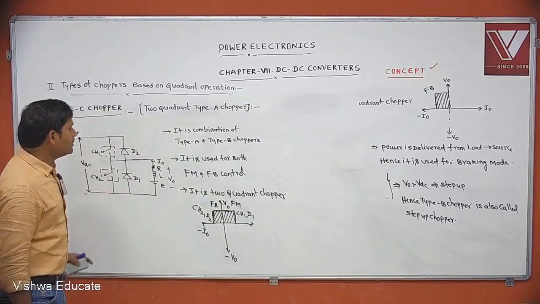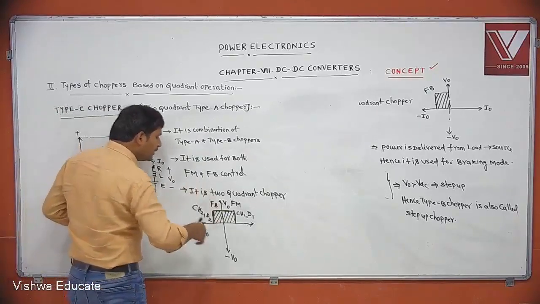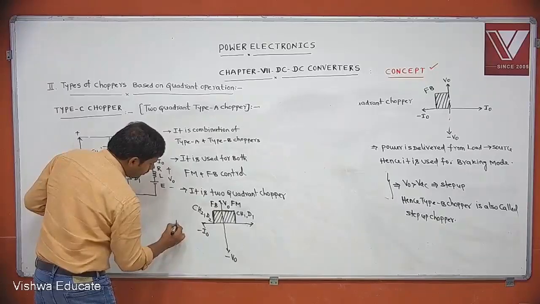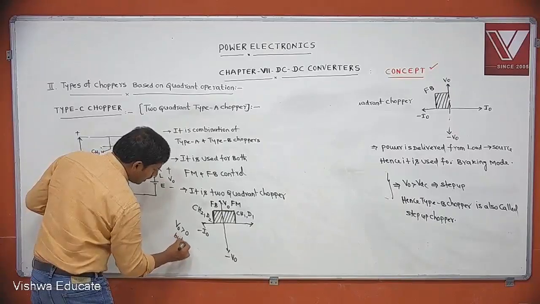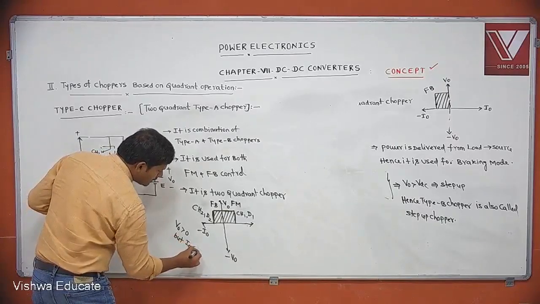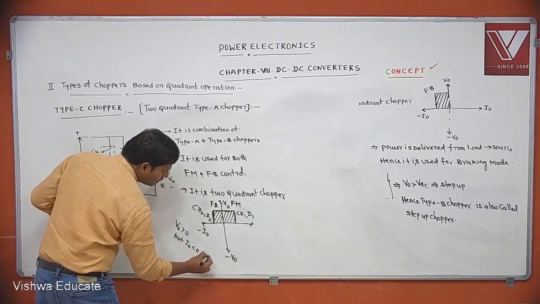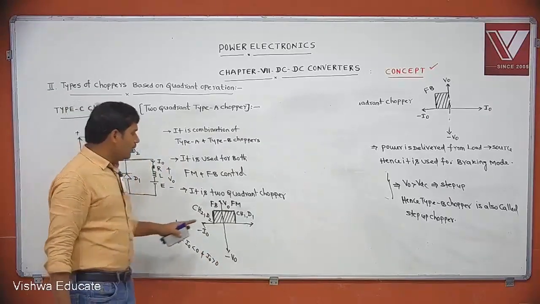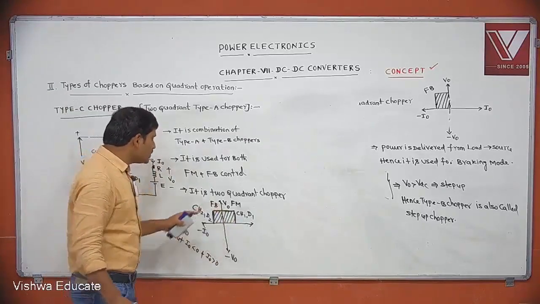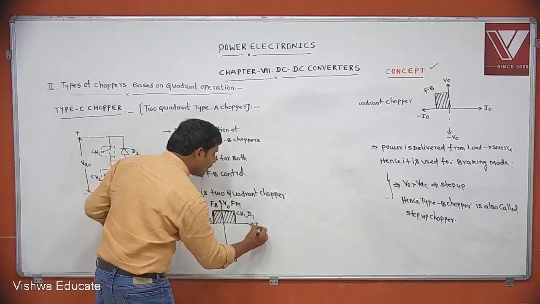That means in this chopper, always V0 is greater than 0. But I0 greater than 0 is possible, and I0 less than 0 is possible.